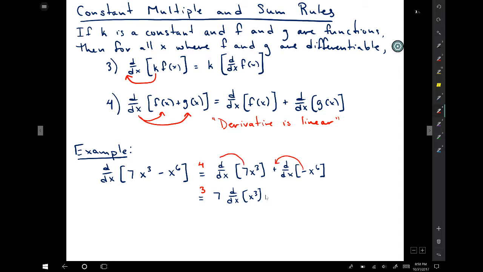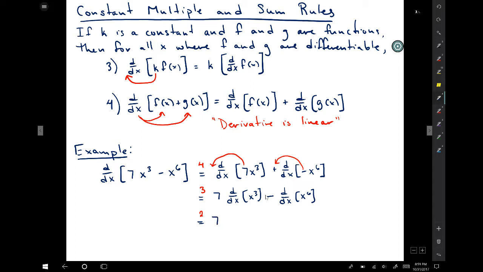Again, I'm just pulling these coefficients out. So now I have minus the derivative of x to the 6th. And now I can use my rule from the previous slide, the power rule.